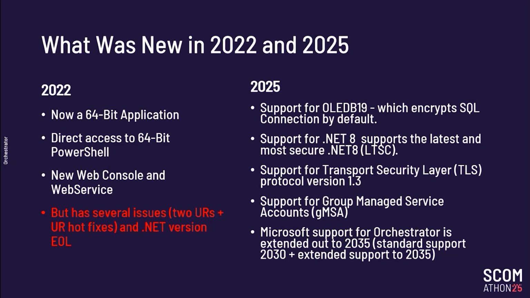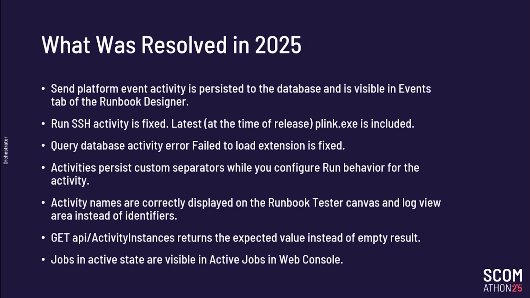But not only has it added some new features, Microsoft have resolved a whole load of the issues that they'd introduced in 2022 while rolling out to 64-bit. So the platform events now actually track and report correctly, so you actually get errors off the platform.